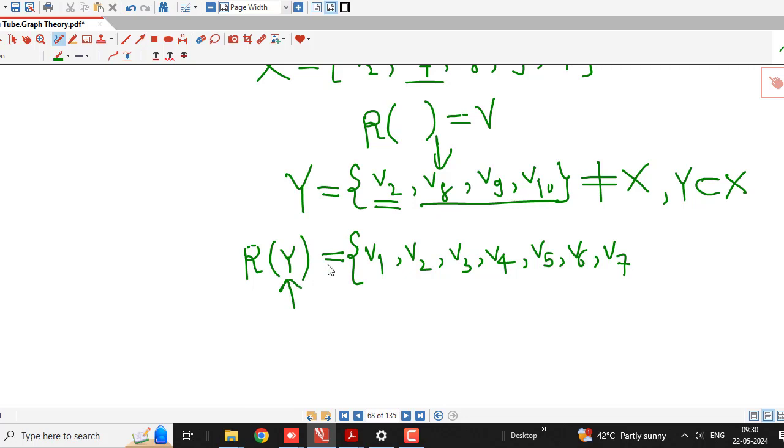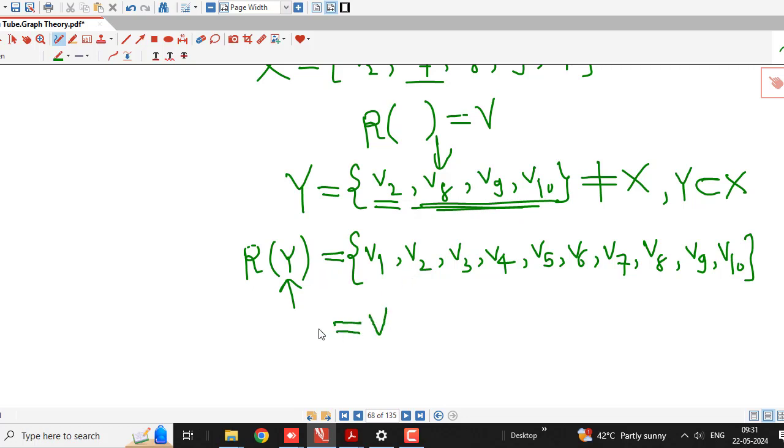Reachable set of capital Y means all those vertices which are reachable from any vertex of given set Y. So here V7 is reachable from V8, so we are including V8 here. Then V8, V9, V10 are reachable from themselves, so we are mentioning them here.